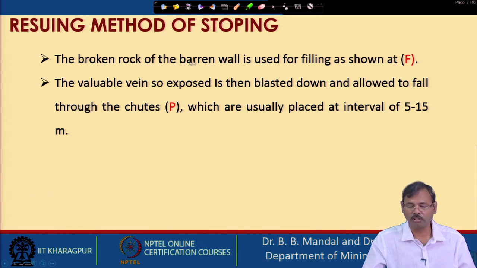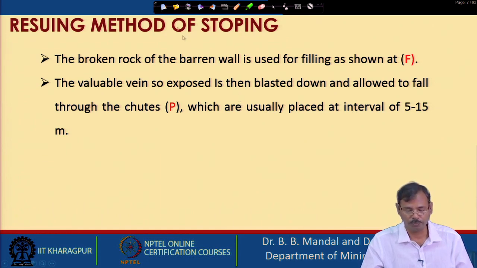So, broken rock of the barren wall is used as the filling, which we have already mentioned, and the valuable veins so exposed are then blasted down and allowed to fall through the chutes, which are usually placed at an interval of 5 to 10 meters.